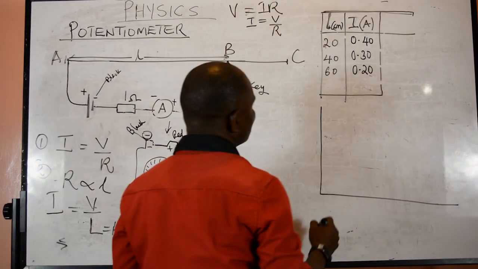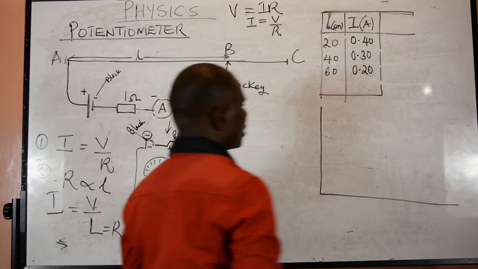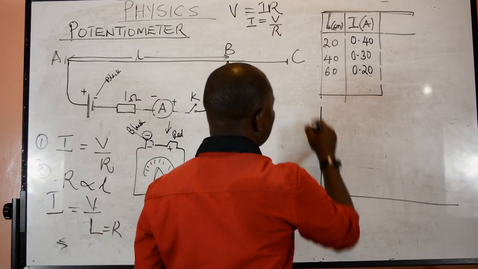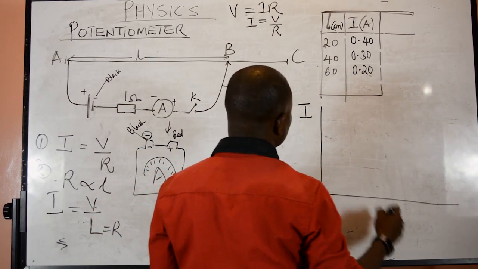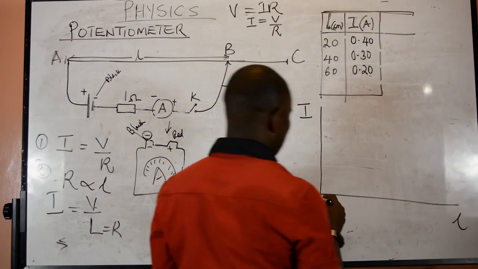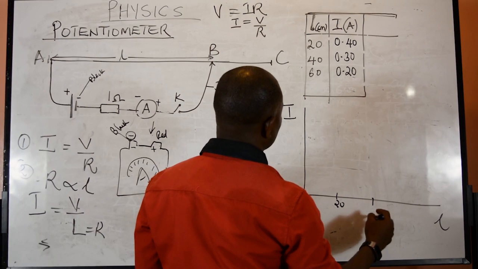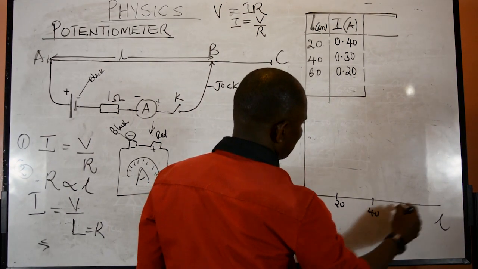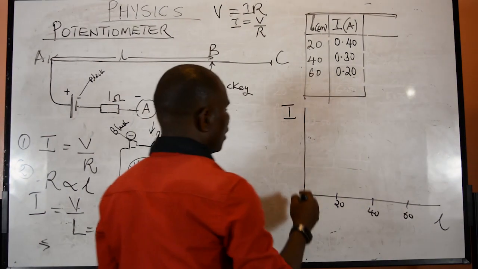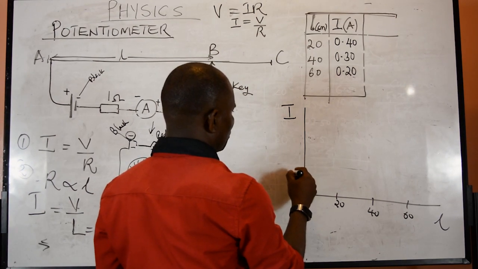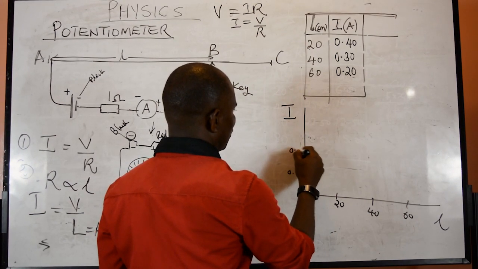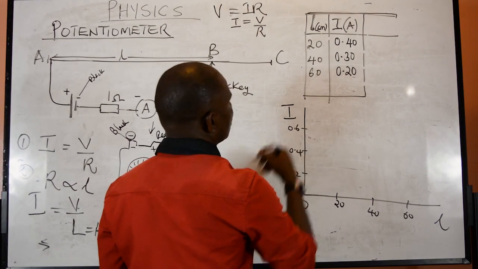I put L on the x-axis, the horizontal axis, and I on the y-axis. So I have 20, 40, 60, and the current 0.4, 0.3, 0.2.